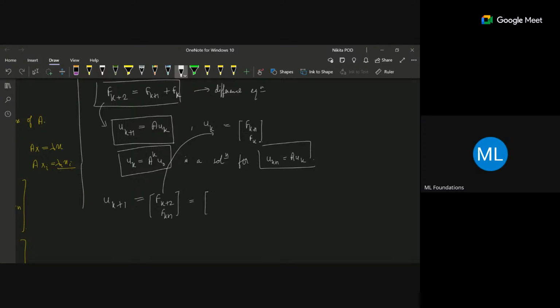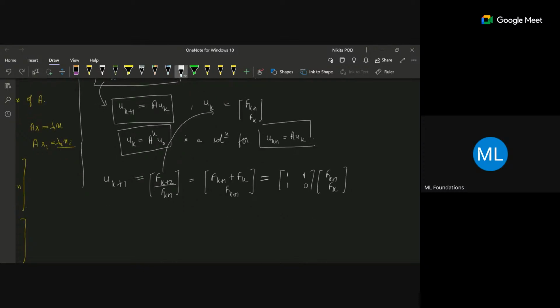And now I know that f_{k+2} is nothing but f_{k+1} + f_k, and this is f_{k+1}. And now we can write this as a matrix A, which looks like this, times (f_{k+1}, f_k), and this is just u_k.